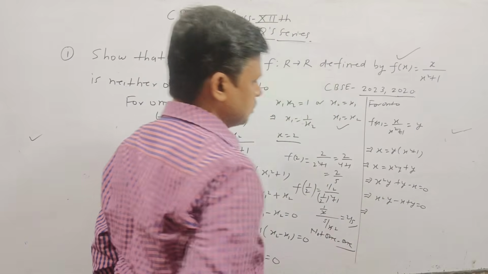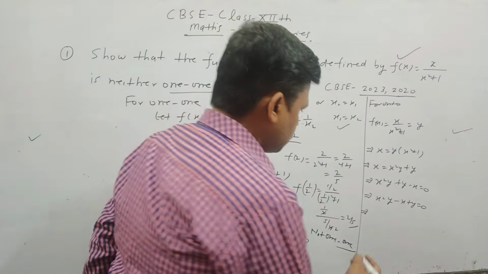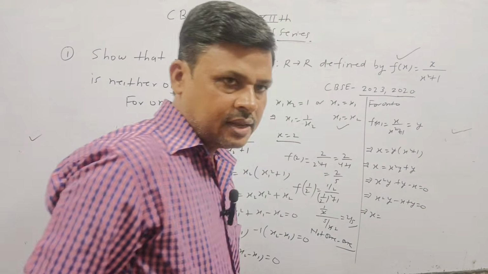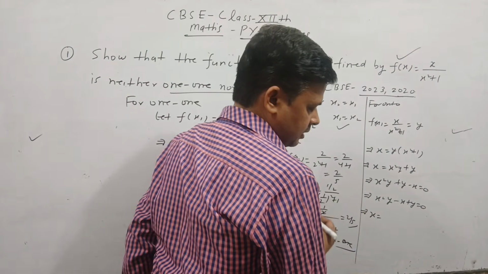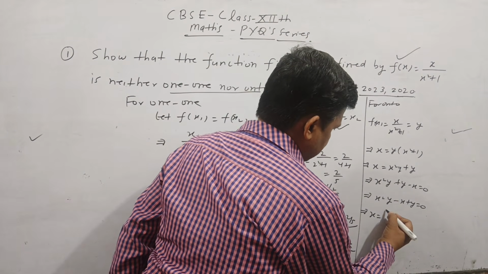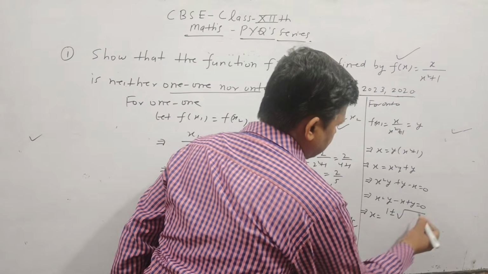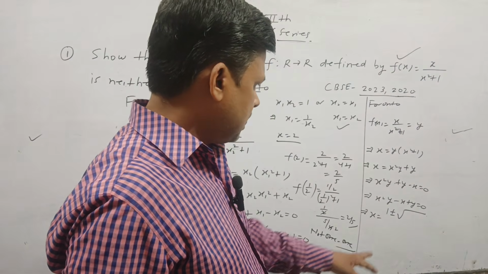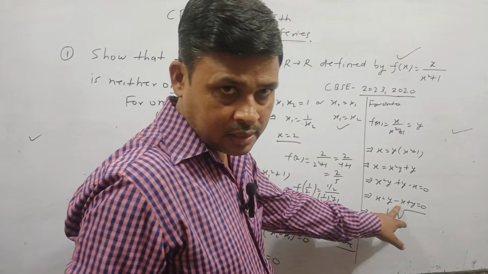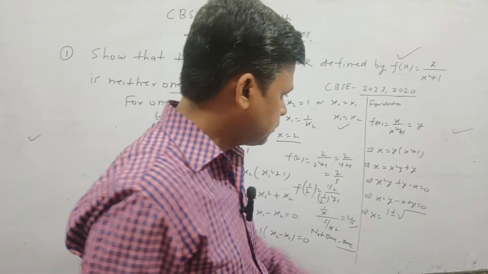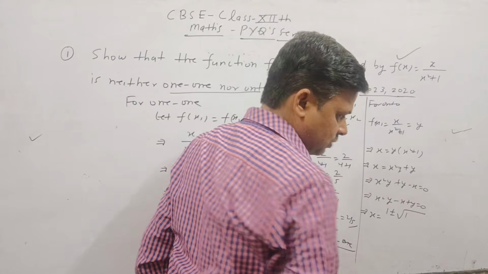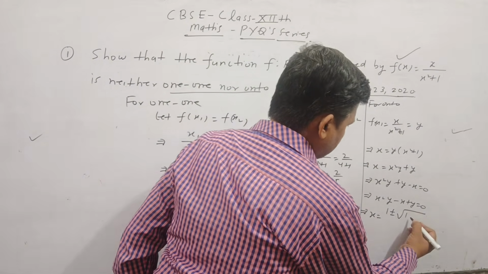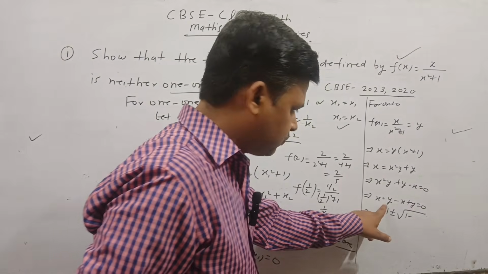Solve for x. It is a quadratic equation in x. So apply the Sridharacharya method here. x is equal to minus b plus minus root b square minus 4ac upon 2a. So b here is minus 1, so minus 1 square is 1, minus 4ac. What is a? a is y.